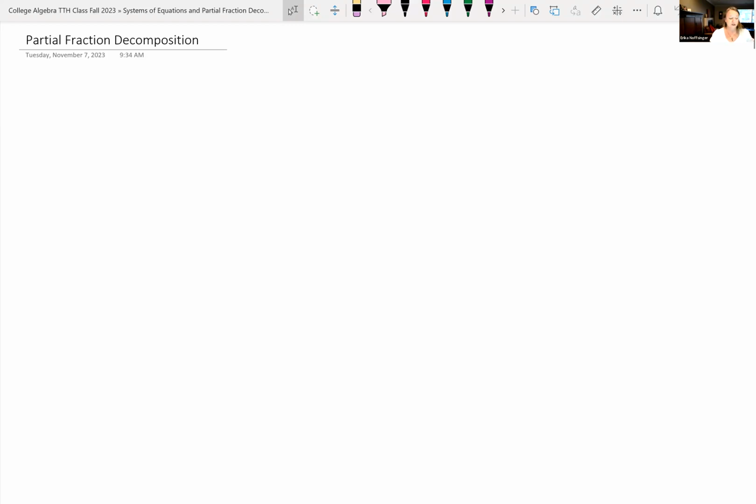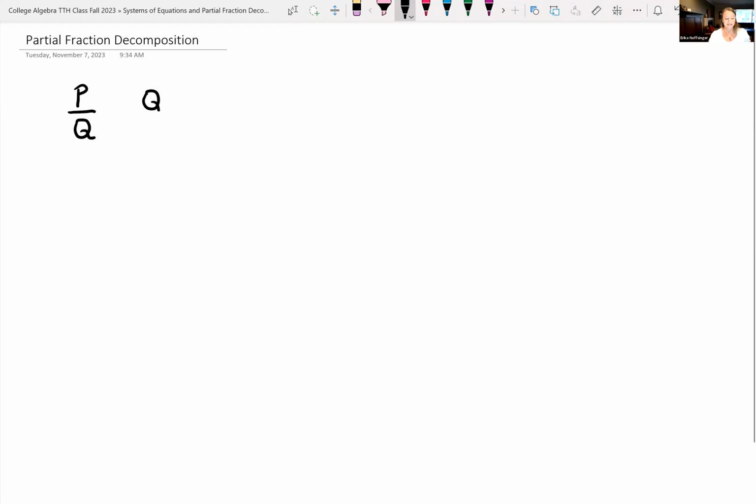In partial fraction decomposition, you're going to have some fraction where you have a polynomial, let's say p, divided by some polynomial q. Remember, we can take a polynomial and break it down as a product of linear factors and/or non-reducible quadratic factors.